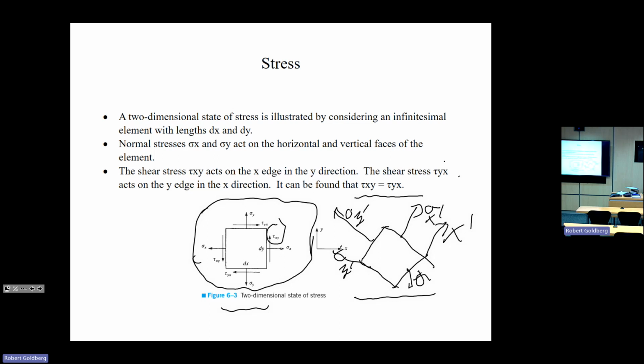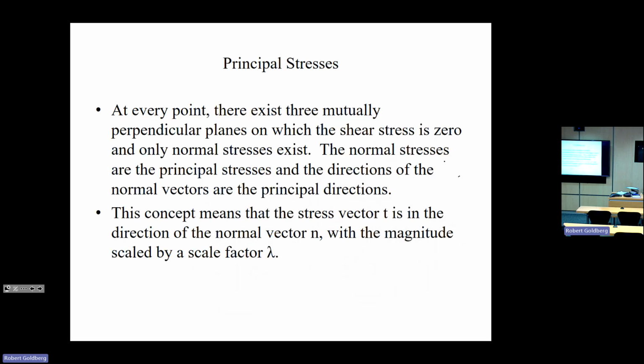When you do your material characterization test, you're doing a unidirectional tensile test, so all you have is a normal load. You don't have a shear load. So by rotating, you're determining the stress state which is equivalent to the unidirectional tensile test. So principal stresses are something that a lot of times people like to deal with.